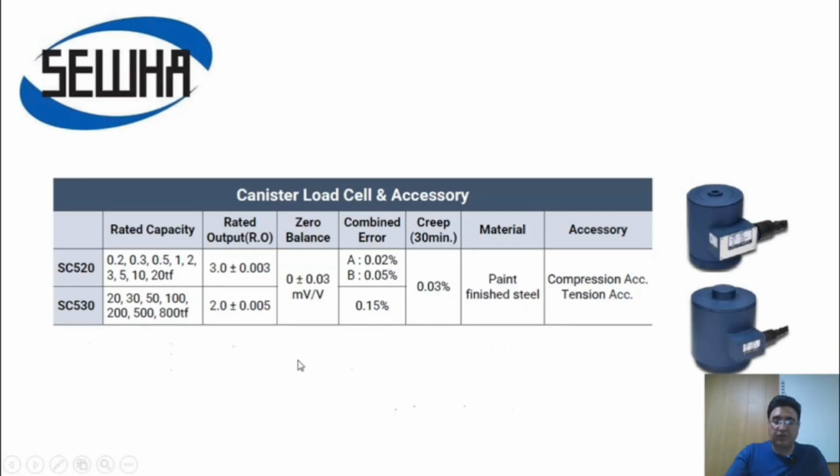Their combined error, which is a significant factor, depends on their specific work class type, which can be either Class A or alternatively Class B. For SC520 load cells, if their class is A, their error is 0.02%, but if their class is B, their error is 0.05%. For the 530 load cells, their combined error is 0.15%. The metal material of these load cells, or their main body, is made from painted iron.